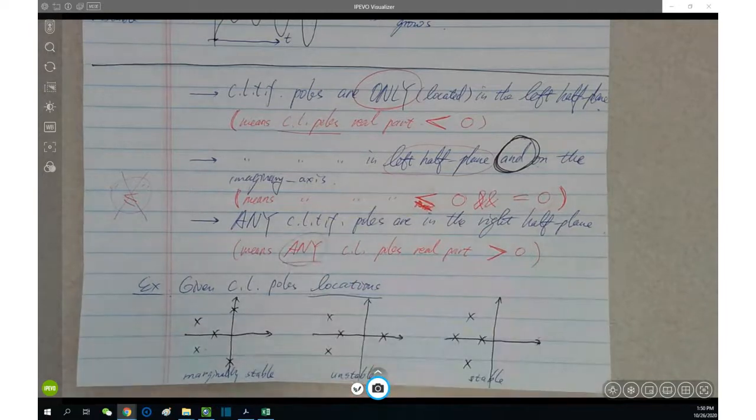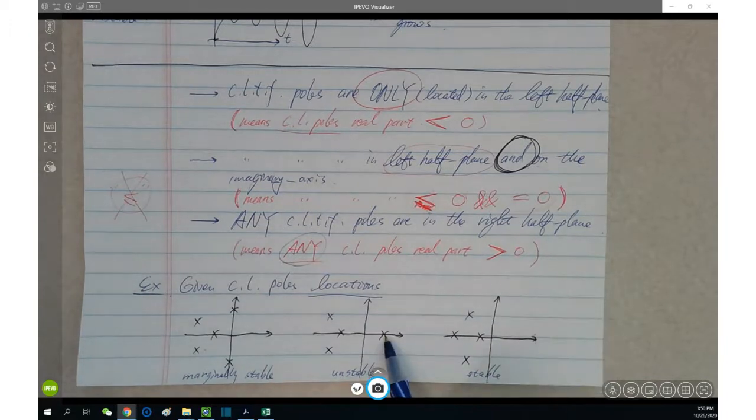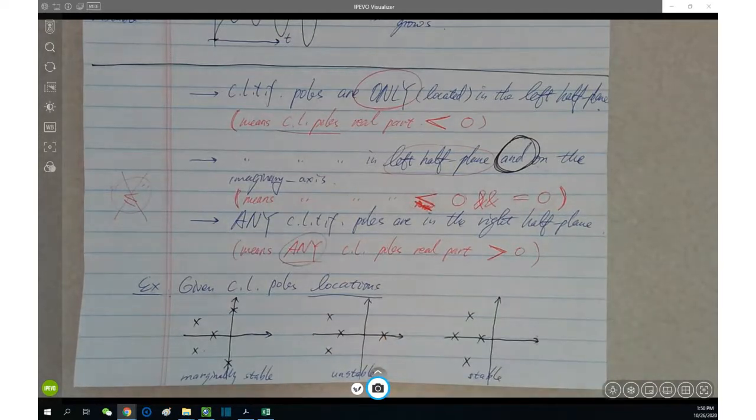I don't know, or say we don't care about the rest of the closed loop poles. As long as you have one or more poles located in the right half plane, that is unstable. Period. That's why it's called any. It's a very strong, very solid requirement.